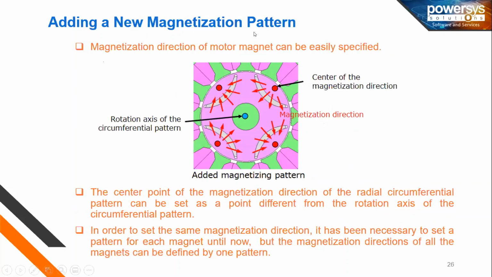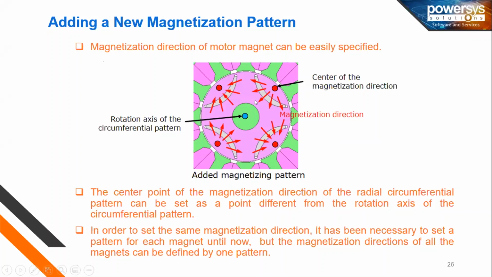And regarding the magnetization pattern, we can give the center of the magnetization pattern direction and the rotation axis of the circumferential pattern direction. Both of them are different. So we can create the center of the magnetic direction, which is different from that of the rotation axis circumferential pattern.